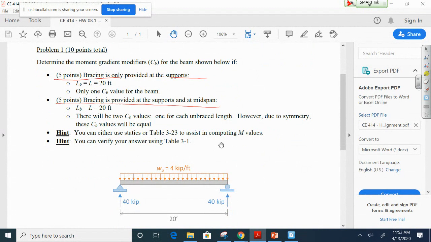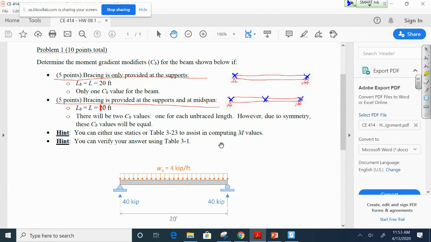Right off the bat, I notice I have a typo here. That's supposed to be 10 feet, not 20. This is what happens when you rush. But really what I'm after is I want you to look at the beam like this: if there's a brace here and a brace here. And second, I want to look at the beam if the brace is here, here, and here.